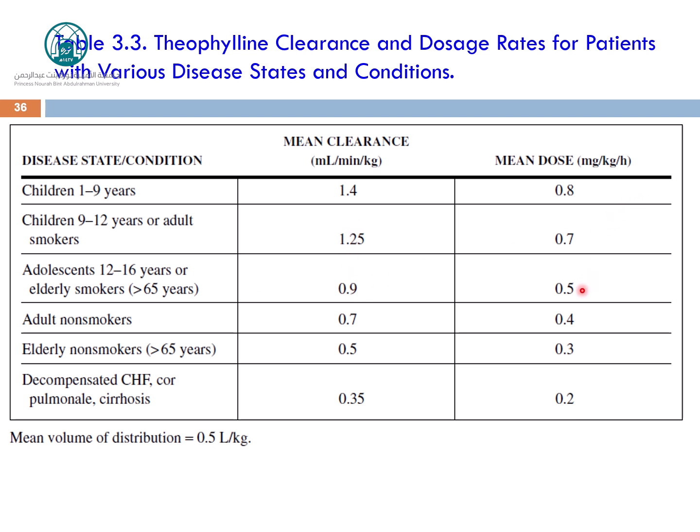For adult non-smokers, the clearance compared to children is 0.7 and the mean dose is 0.4. For elderly non-smokers, the clearance will be less, and the dose will also be less, 0.3. For decompensated congestive heart failure, the clearance will be reduced more and more, and the mean dose will be reduced more and more.